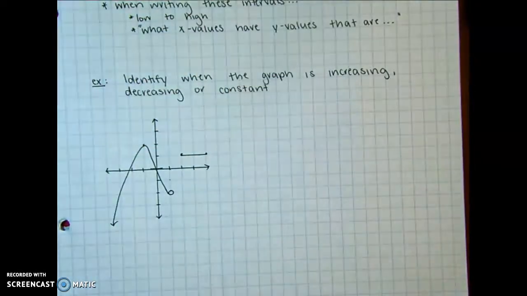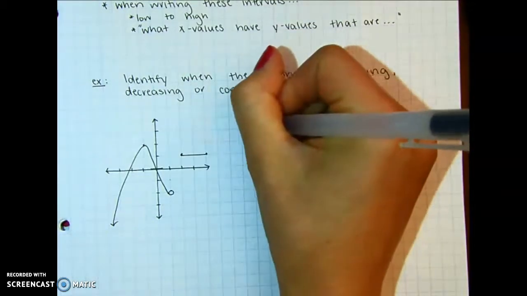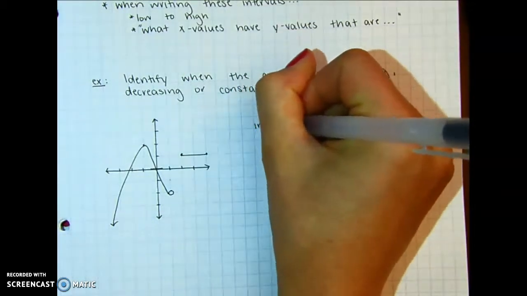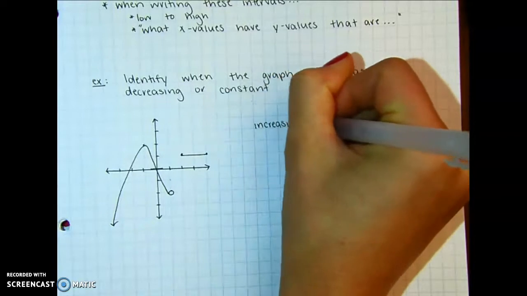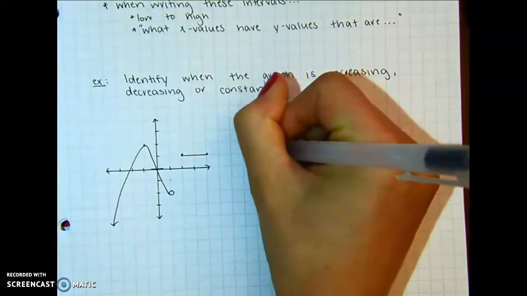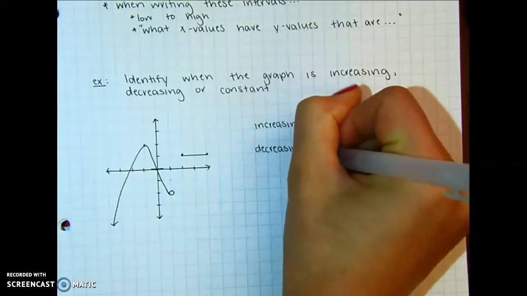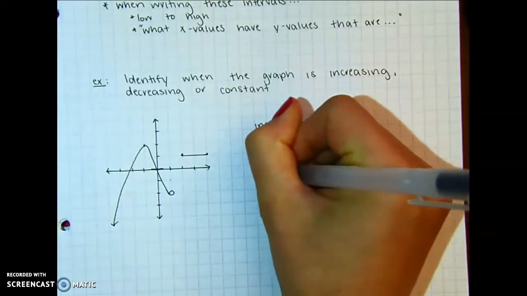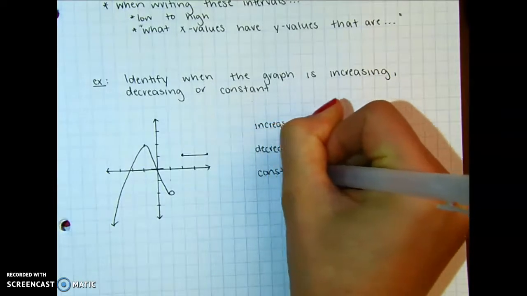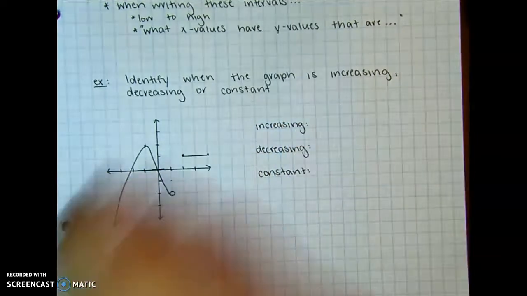Alright, so looking at the graph, when is it increasing? Decreasing? And constant? And we use interval notation.